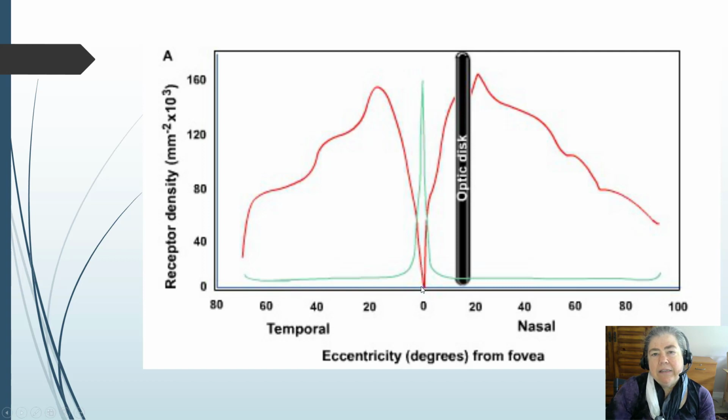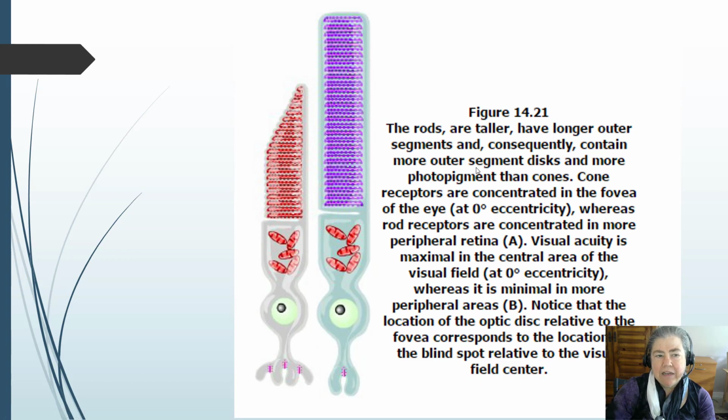Okay. And this is kind of a nice little slide. It's showing the fovea, and right at the very tip of the fovea, we don't have any rods and we have a ton of cones. So these are cones and these are rods.